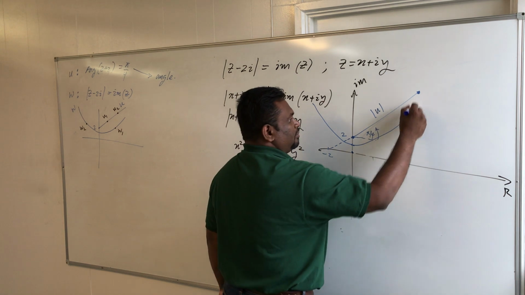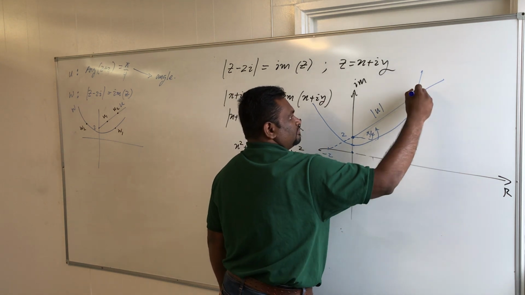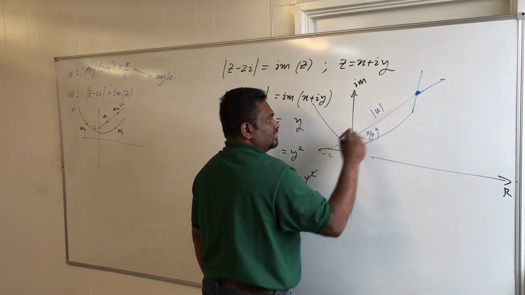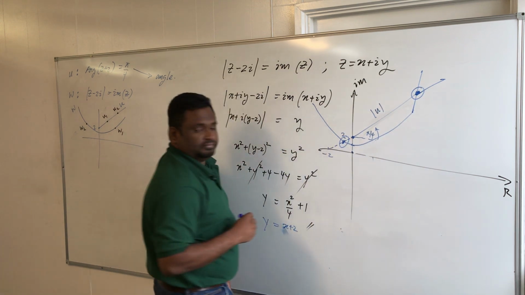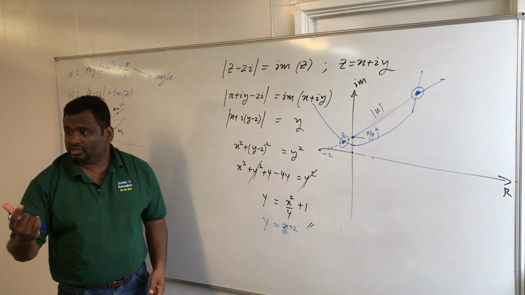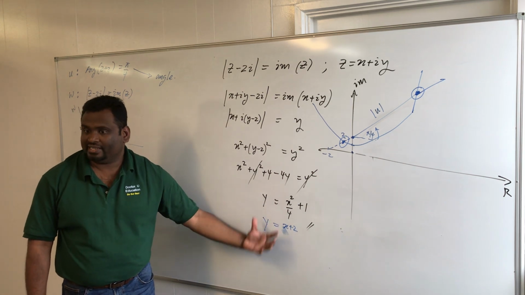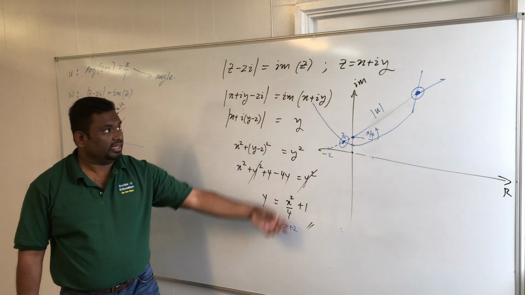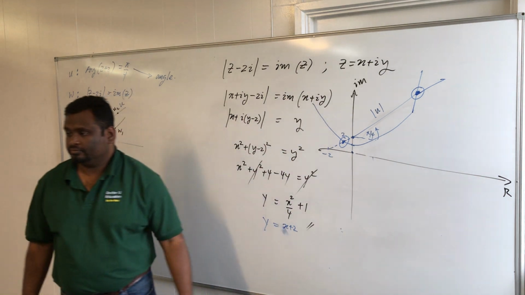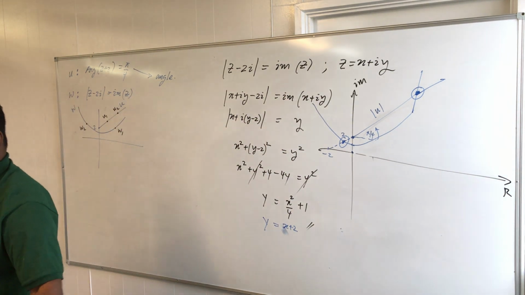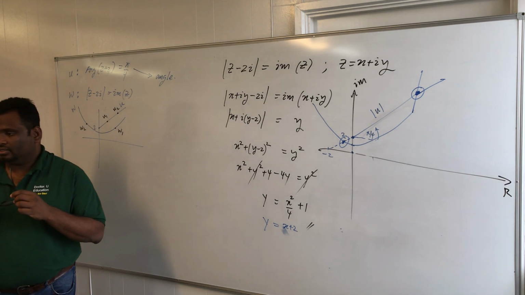Because since this is a parabola, you can see the meeting points. One is here, one is here. So those 2 points correspond to x and y common points. So you can find x and y from here. Once you find x and y, you just put it here. Did it make sense?